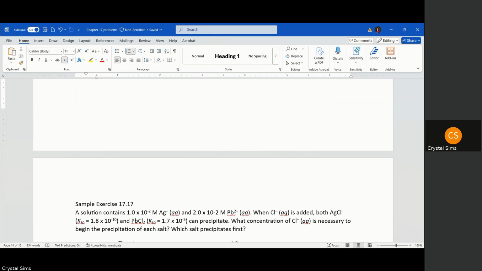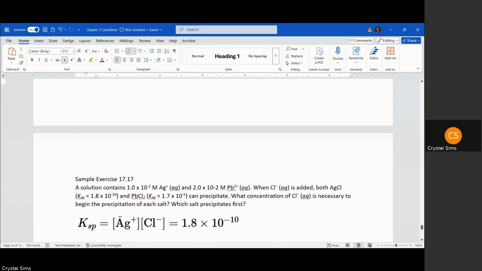And we need to know what concentration of chloride ions will begin the process and which one precipitates first. All right. So we've got some silver ions, some lead-2 ions in a solution, and we add chloride ions, and we want to know what concentration is needed to force precipitation to happen, and of the 2, which is going to precipitate first.